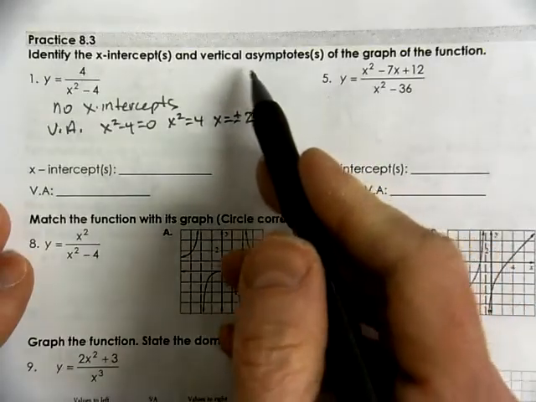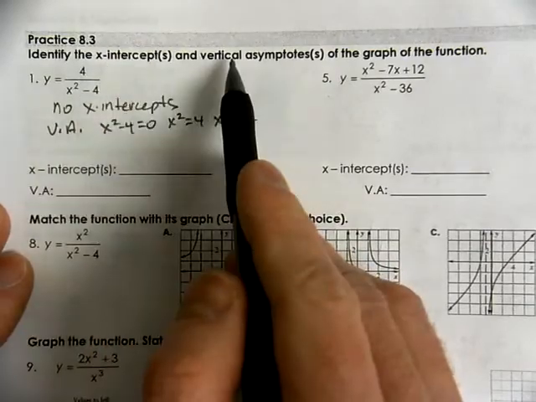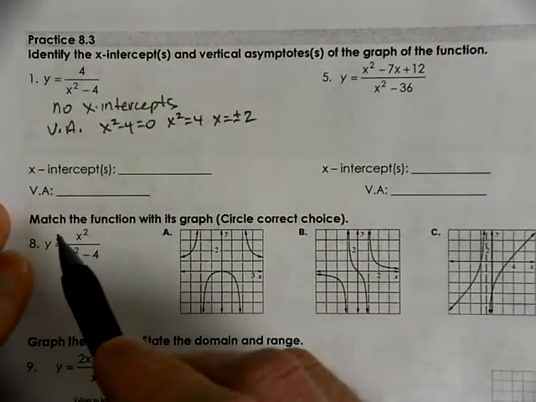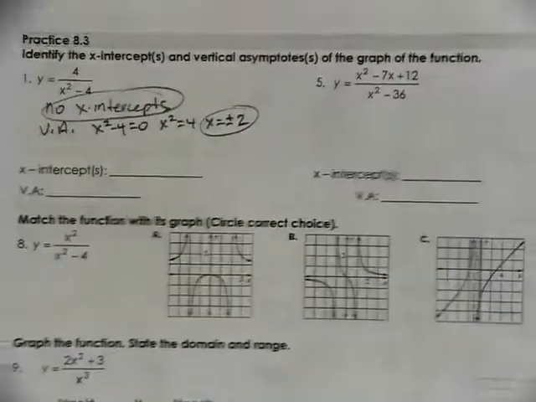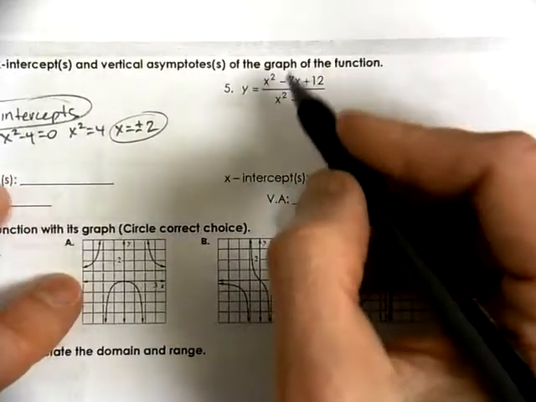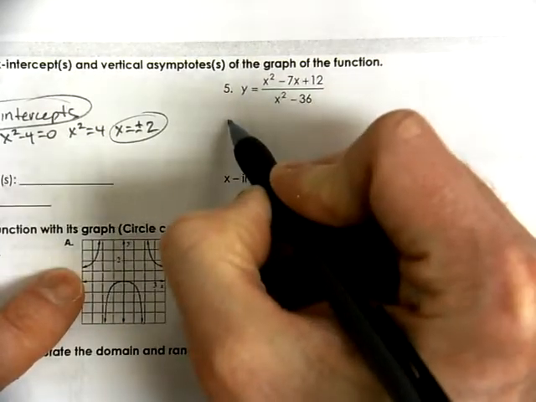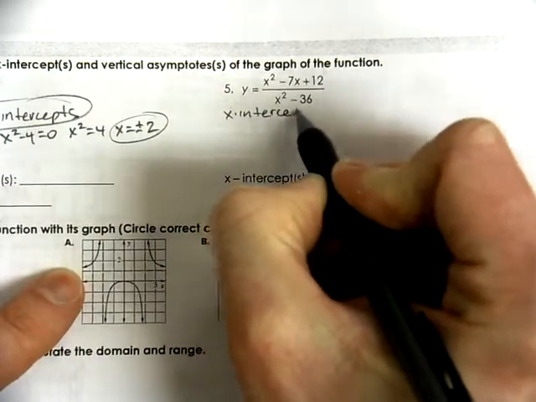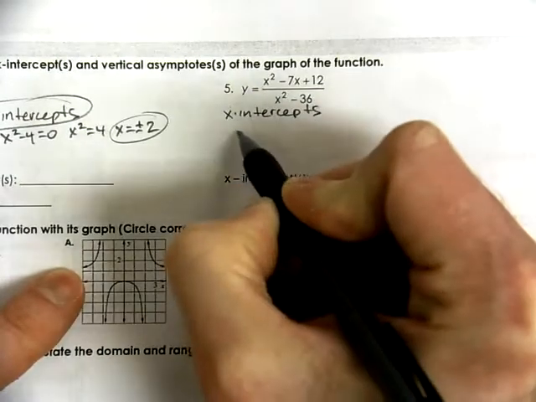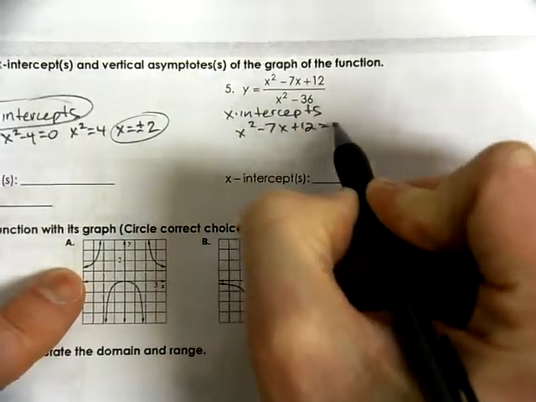And then that's what they're asking for, x-intercepts and vertical asymptotes. The x-intercepts are where the numerator equals 0. So you set your numerator equal to 0.